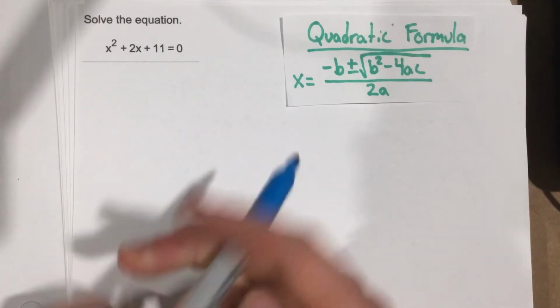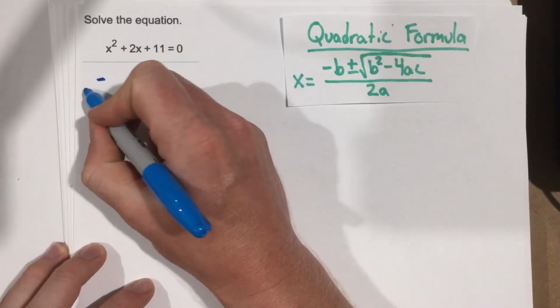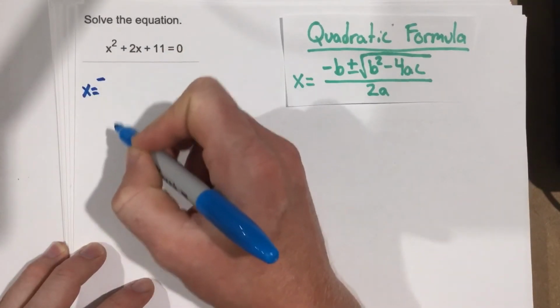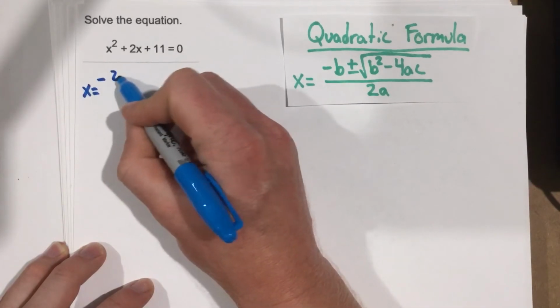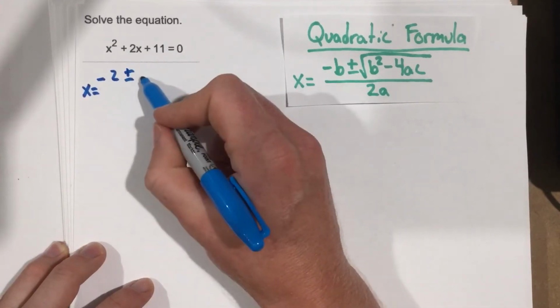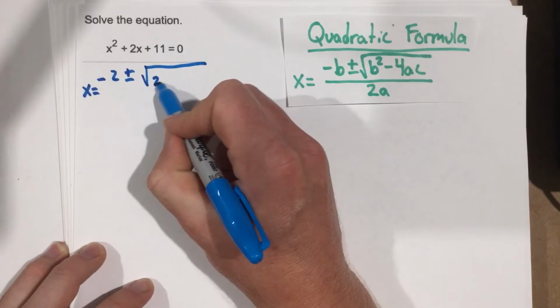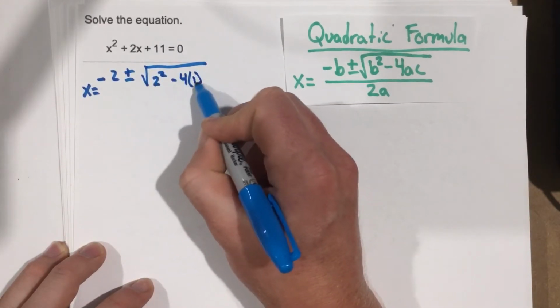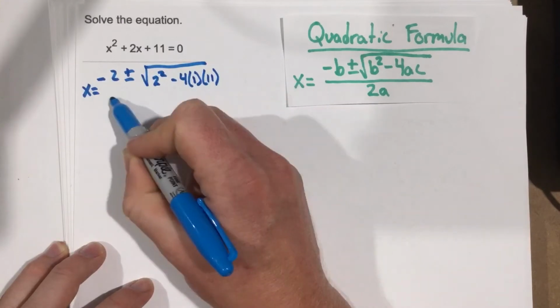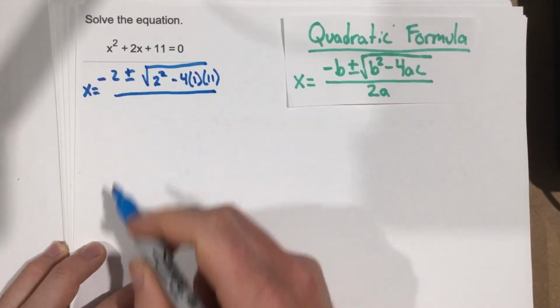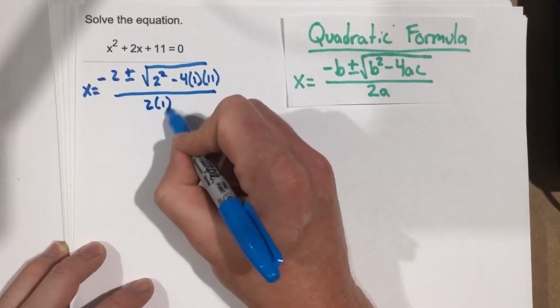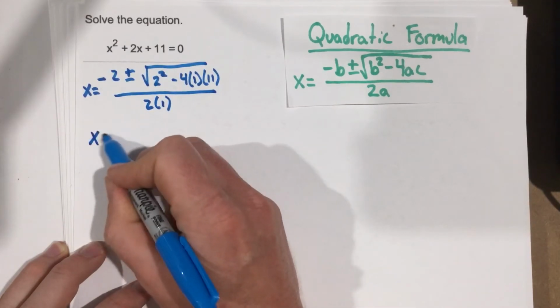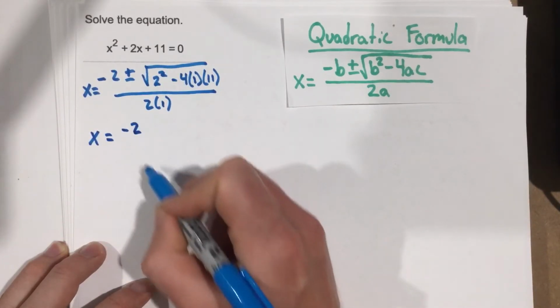Start with b. We get negative, better write x equals, negative 2 plus and minus root 2 squared minus 4 times 1 times 11 all over 2 times 1. So x equals negative 2.